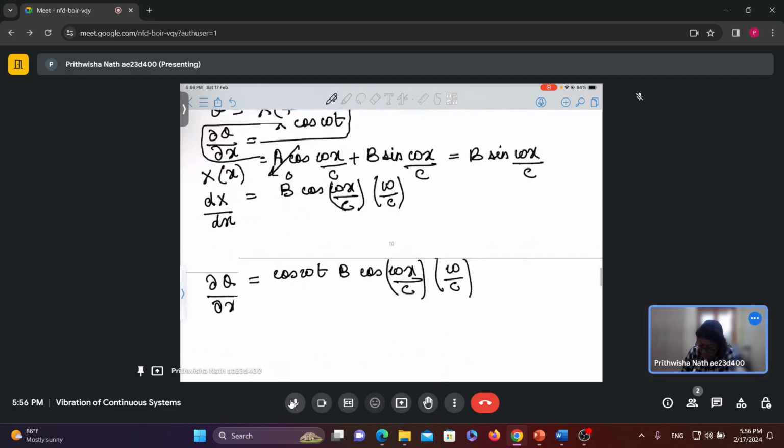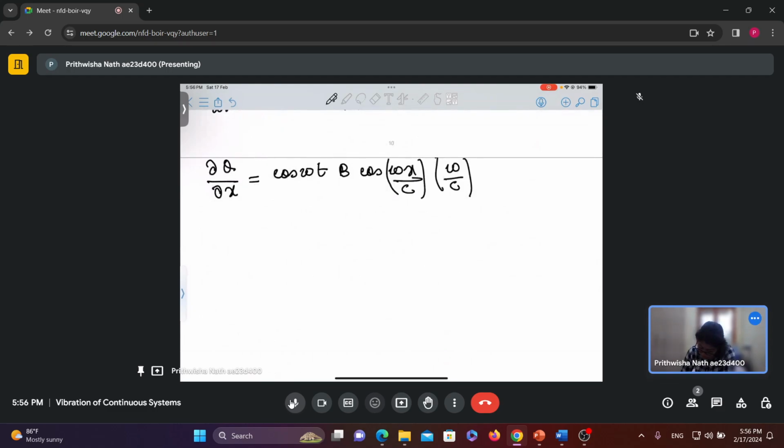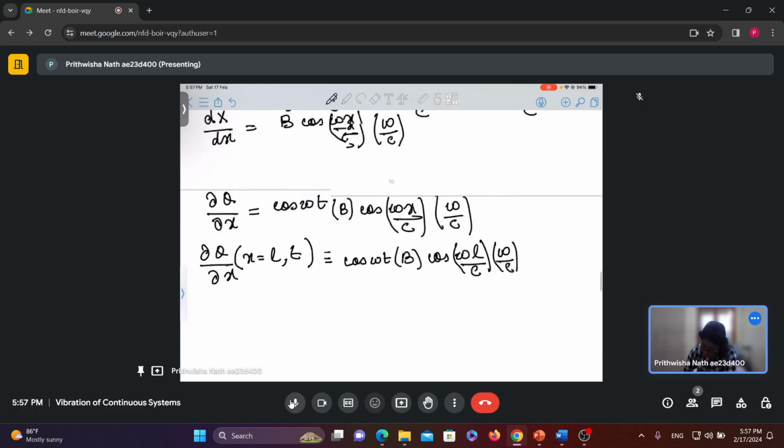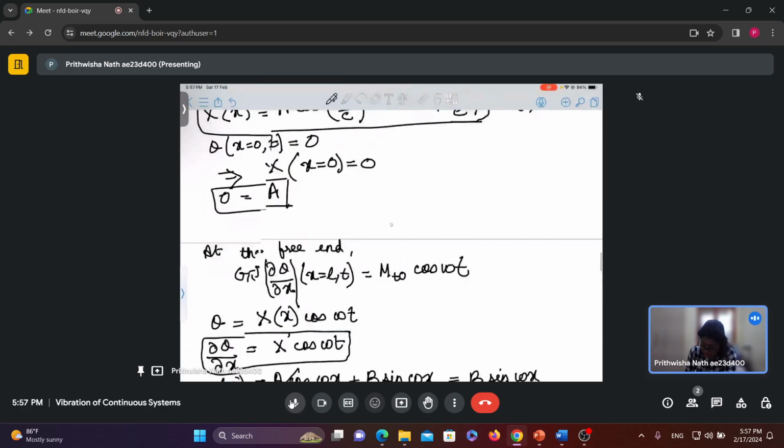So I'll substitute L in place of x. Now at x equals L and time t, this becomes cos omega t into B into cos omega L by C into omega by C. So now I can substitute this in this equation. Now let this equation be number 4.